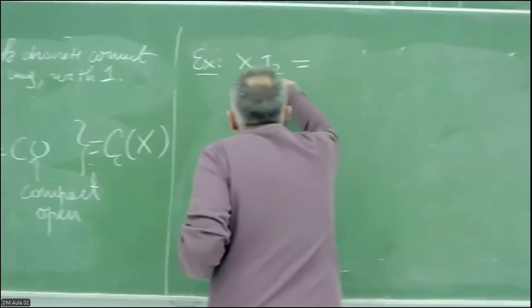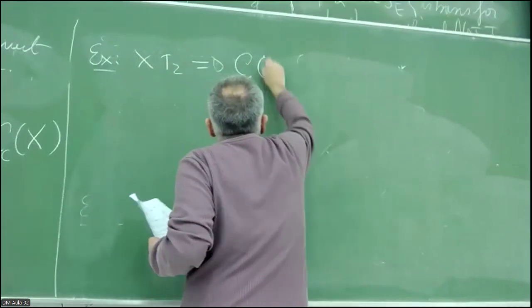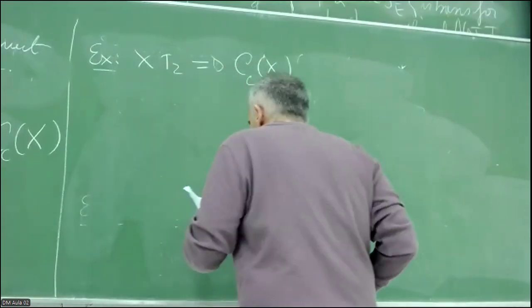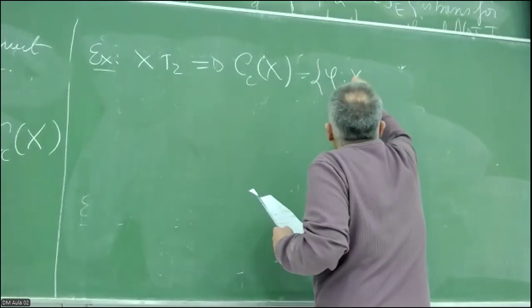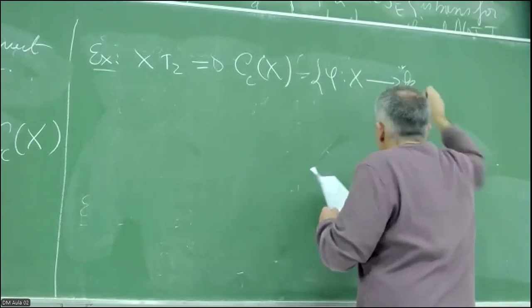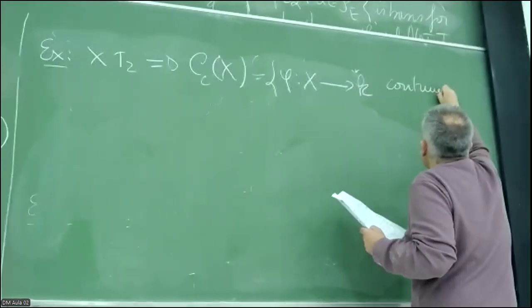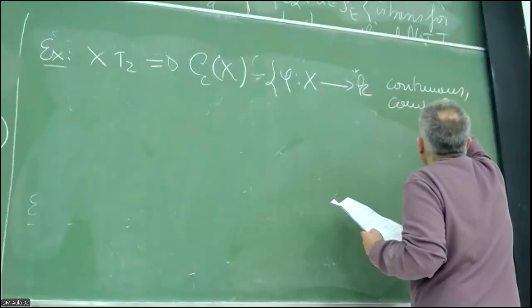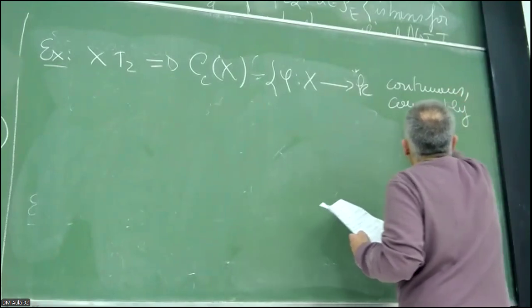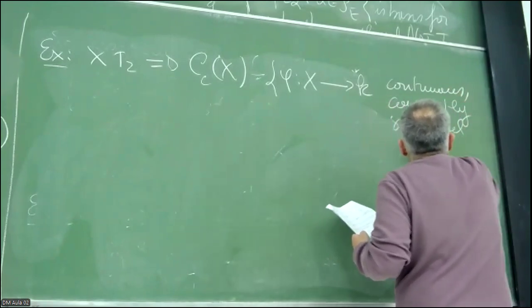So if X is T2, then C_c(X) honors its name in that it consists precisely of all the continuous compactly supported functions.